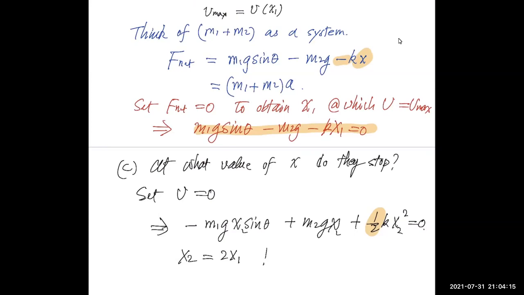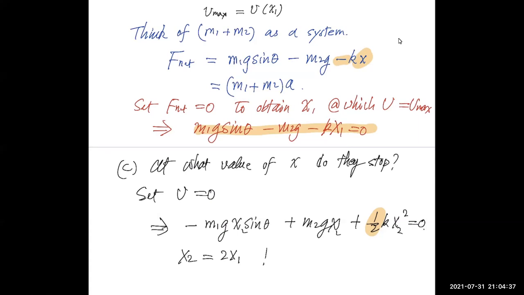When we study oscillation in the next course, you can analyze the situation more carefully, and you will find why in the extreme position, the displacement is twice as much as the displacement to the point of maximum speed. It actually carries a physical meaning as well.